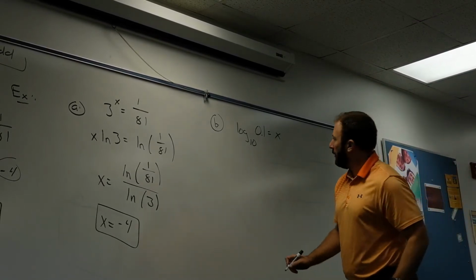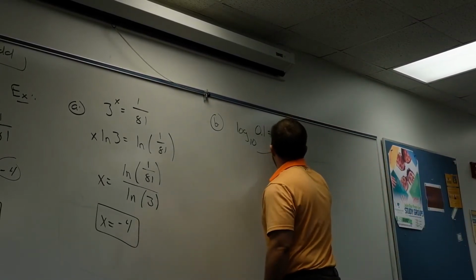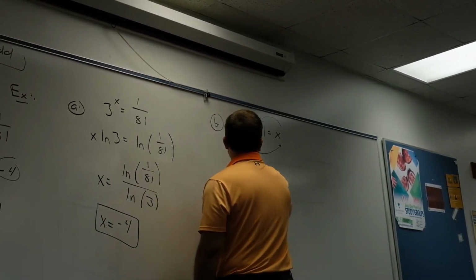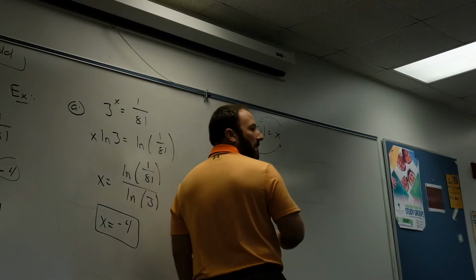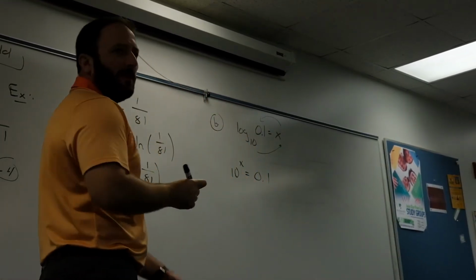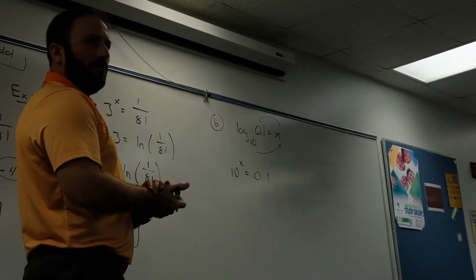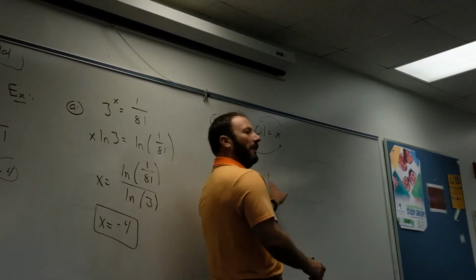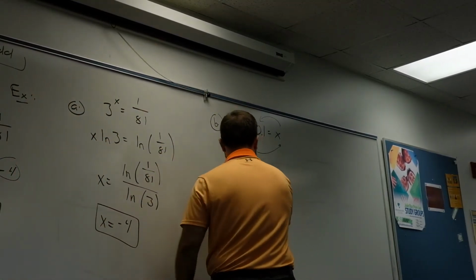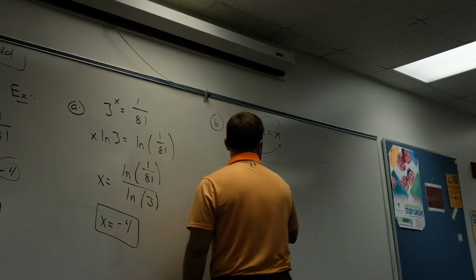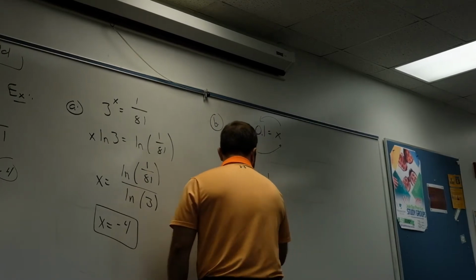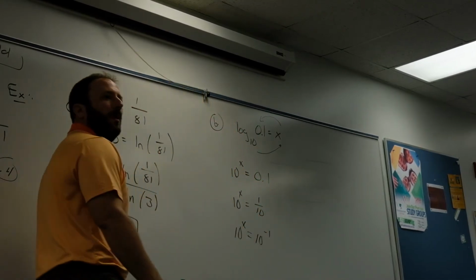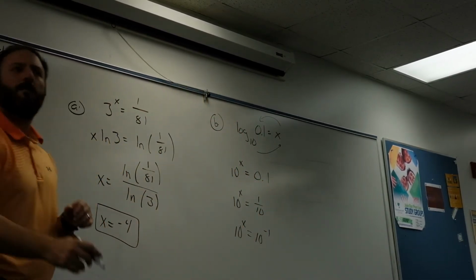So we'd say 10 to the x equals 0.1. So what would x have to be here? We agree that this is 1/10, right? So 10 to the x equals 1/10. If 10 to the x equals 10 to the negative 1, what would x have to be? Negative 1. Good.